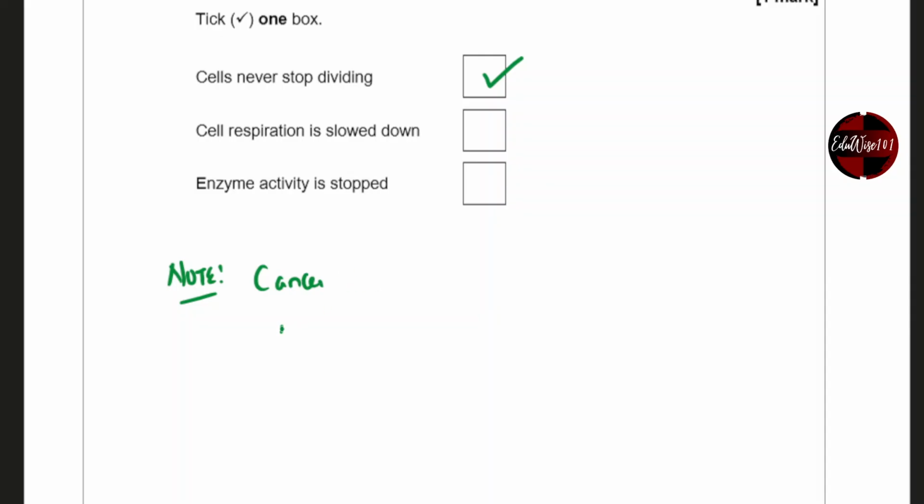Cancer, first type is malignant. The malignant type can spread.